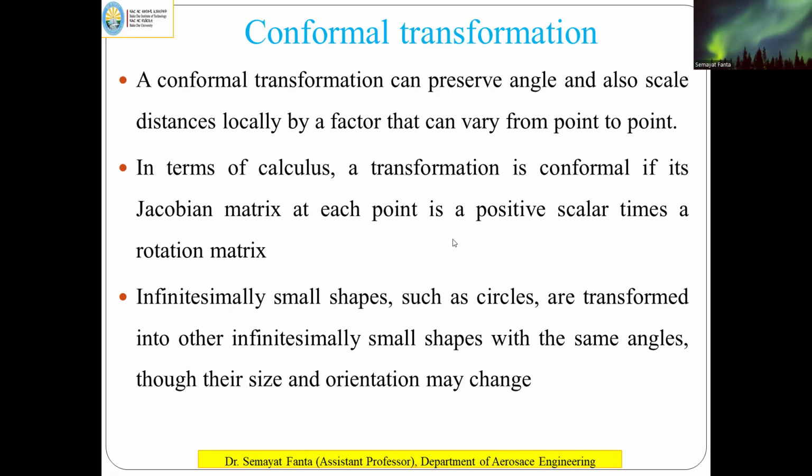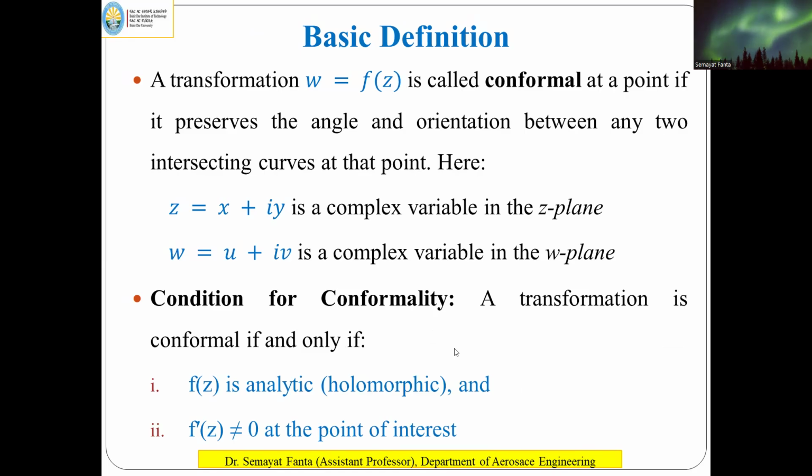It can be changed into an aerofoil shape and others, though their size and orientation may change. The transformation W equal to f of z is called conformal at a point if it preserves the angle and the orientation between any two intersecting curves at that point.